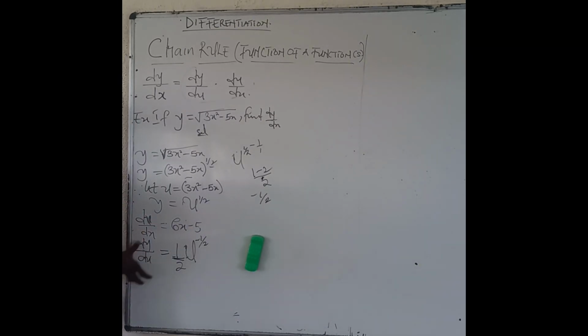So differentiating y against u, I'm having 1 over 2 multiplied by u raised to the power minus 1 over 2. And don't forget the formula for the chain rule.